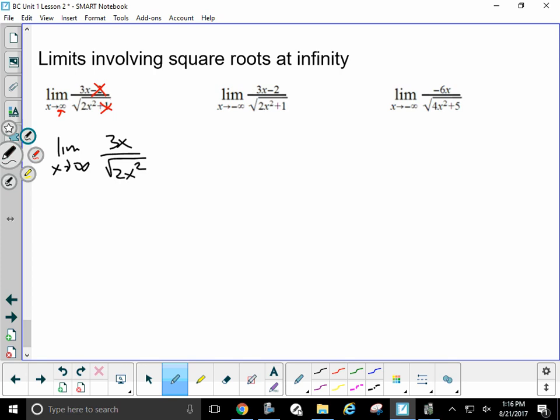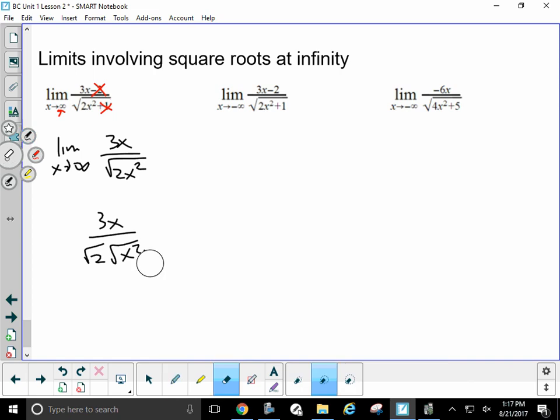Now, with the plus 1, I can't simplify this root 2x squared. I would just keep it as root 2x squared plus 1. But once I get rid of the plus 1, I can change this to be 3x over root 2 times root x squared. Okay, I can split it into 2 separate radicals.